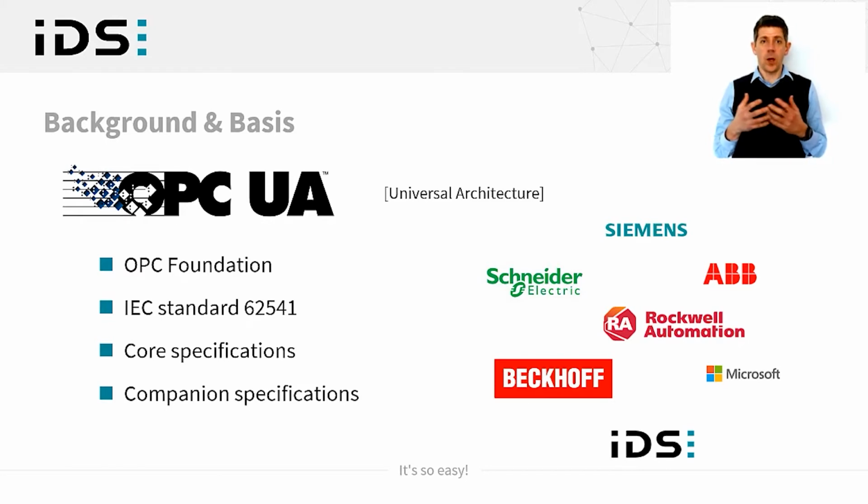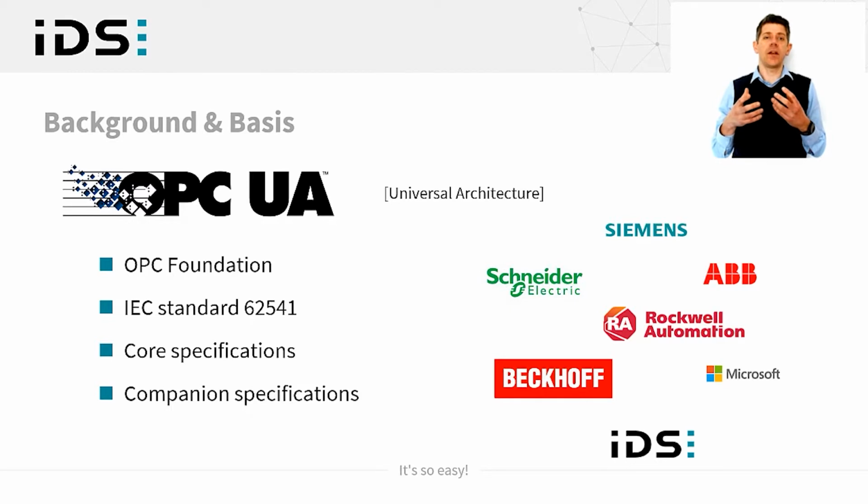Looking at what OPC UA consists of, we have core specifications, and these are a defined way in which servers describe themselves to client devices and which information and services they offer. Servers don't need to use all of the specifications, only those that are relevant to the service or process.